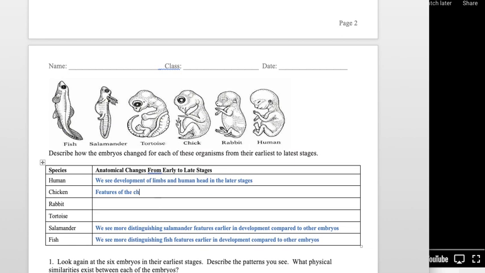Features of the chicken develop a little later in the embryonic stages. And I feel that we could probably say the same thing for the rabbit.